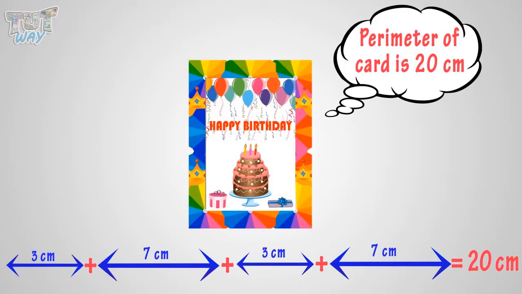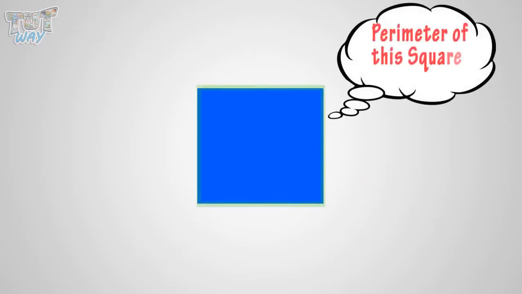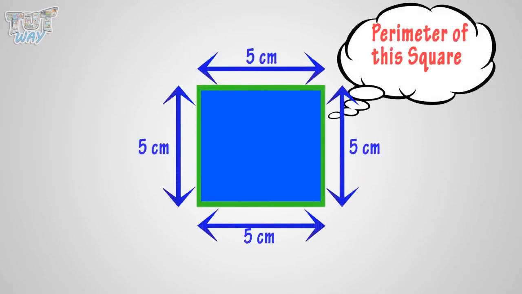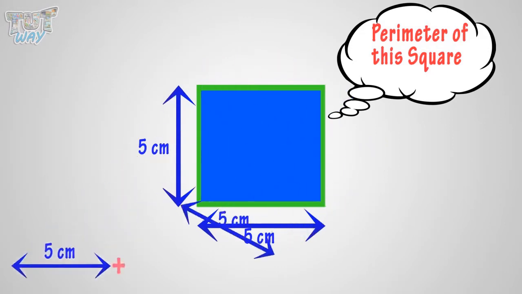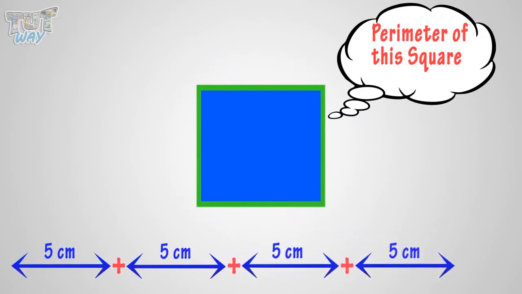Let's take another example. Can you find the perimeter of this square of side 5 centimeters? Look at the figure. We will add the lengths of all sides of this square. So we get the perimeter of this square is 20 centimeters.